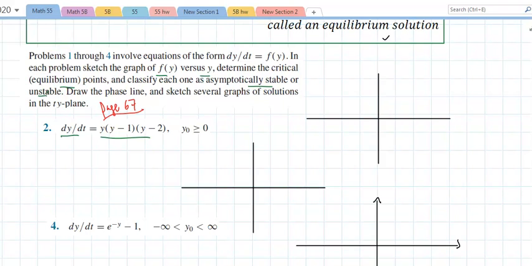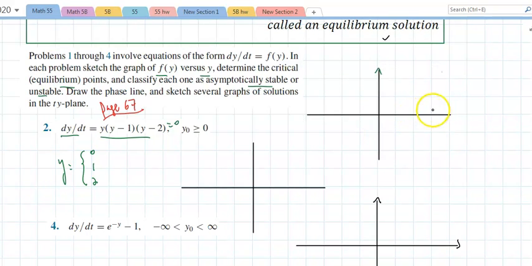So first, initially what I do, I want to figure out the equilibrium. Well, if I set this equal to 0, I will get y equals 0, y equals 1, and y equals 2. Well, let's see how that works.